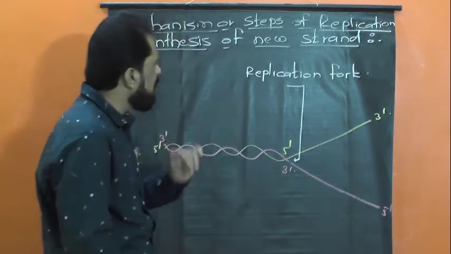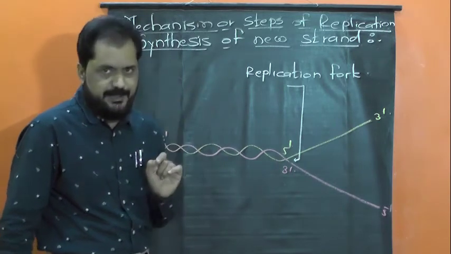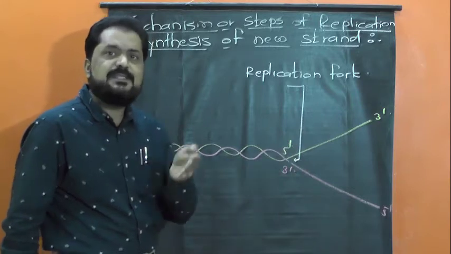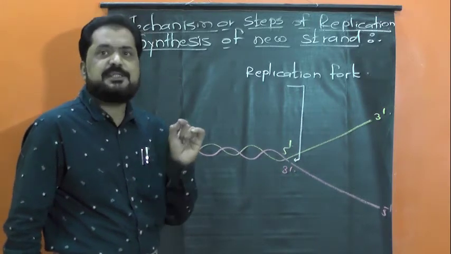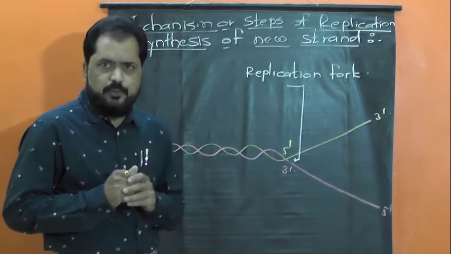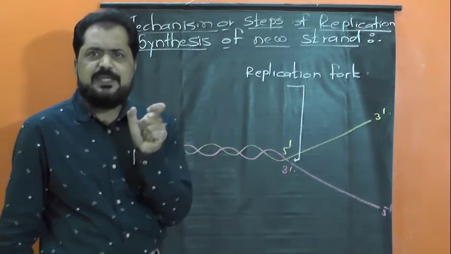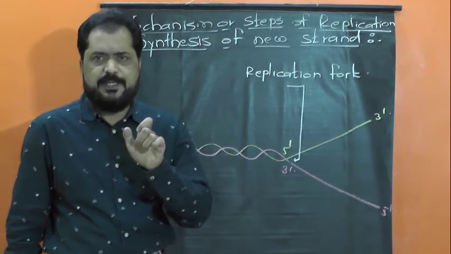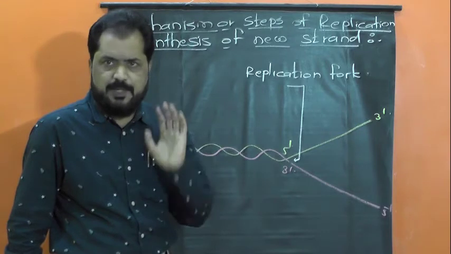Now for the initiation of synthesis of new strand, या दोन टेम्पलेट किंवा मोल्ड स्टँड वर नवीन स्टँड सिंथेसिस होण्यासाठी initially it requires RNA primer. I have already told you that RNA primer is nothing but a very small segment of RNA or a short segment of ribonucleotides known as RNA primer.